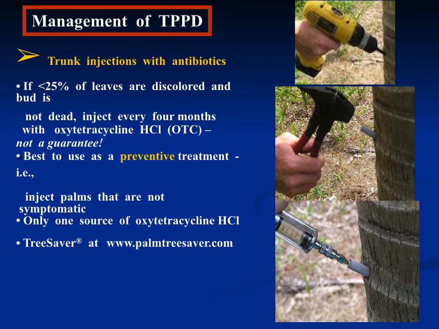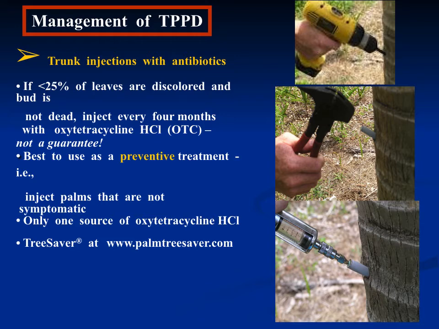It has to be used when less than 25% of the leaves are discolored and the bud or the new spear leaf is not dead or brown. This is generally not the case when most people start noticing a problem with their palms. It's past the 25% quote rule unquote.